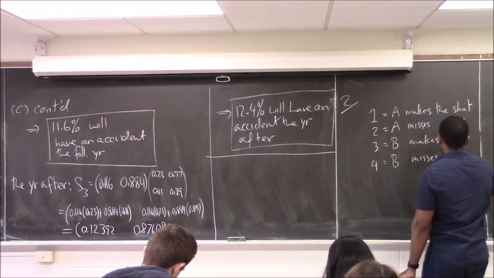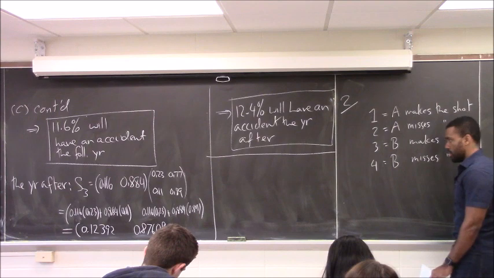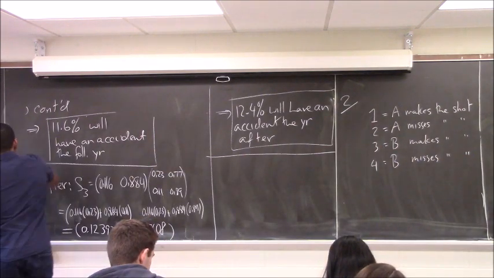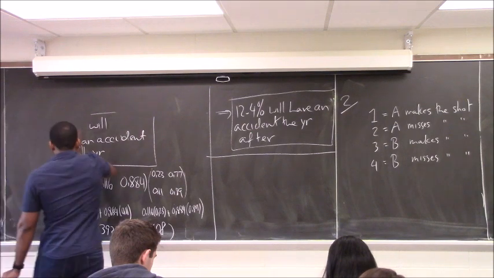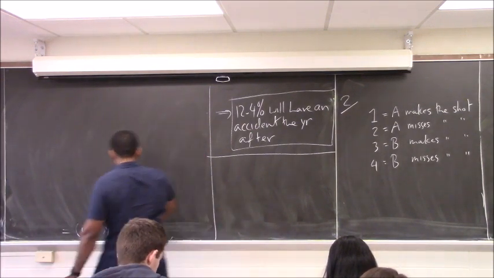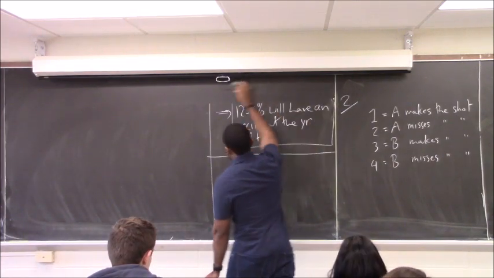So each player can be in 2 states, so this is a 4-state situation. You can be the winner going into the next round, or the loser going into the next round, and both players A and B have that option. So there are actually 4 states here.